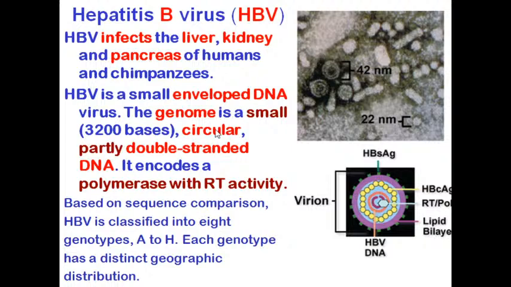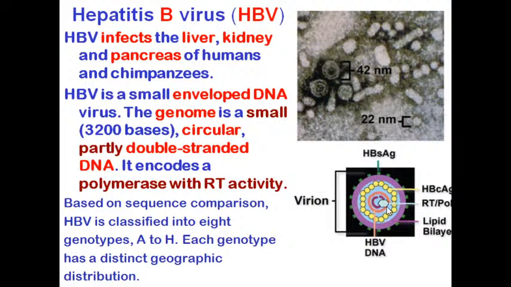It is circular, you can see it here, right? Double-stranded, but only partly double-stranded. It means the positive strand DNA in this double-stranded DNA is incomplete. That's why it is called a partly double-stranded DNA molecule.